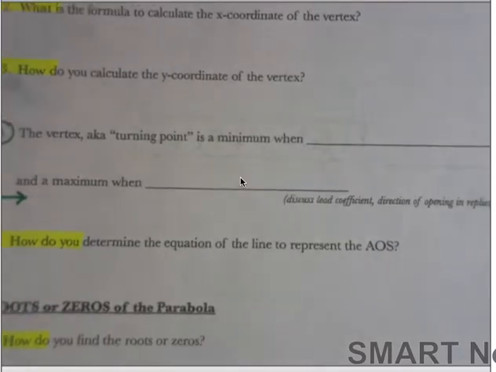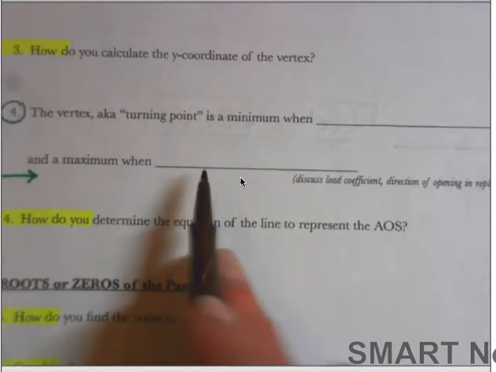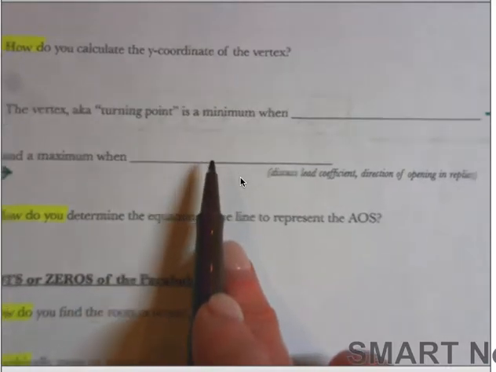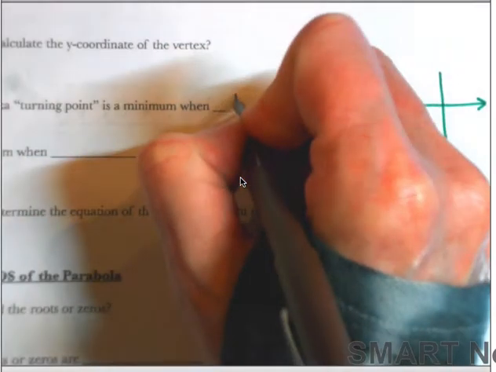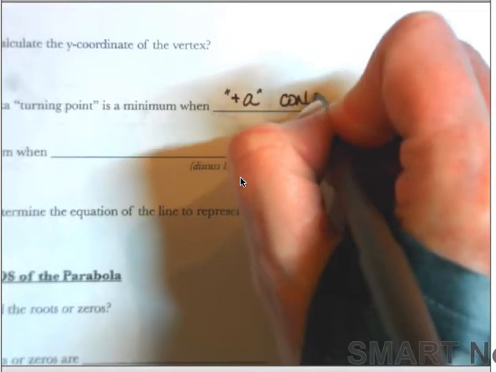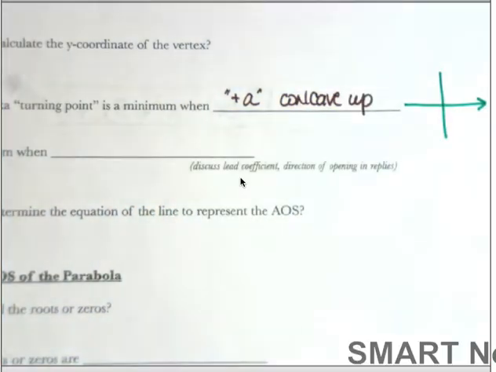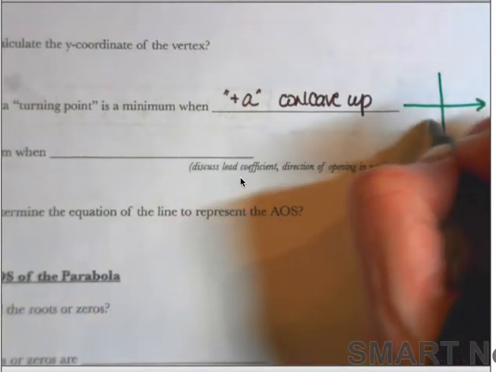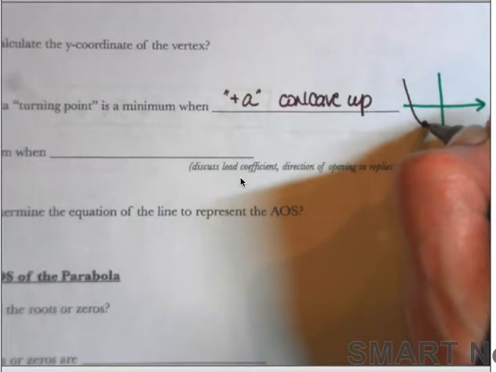So the vertex, which we've talked about, also known as the turning point, is considered a minimum value when the lead coefficient's positive, and when the graph is concave up. I just wanted to make sure that you all understand that. So when the graph is concave up, the vertex would sit at the bottom and then the curve would go up.